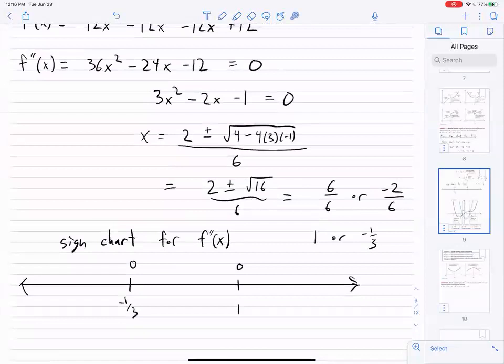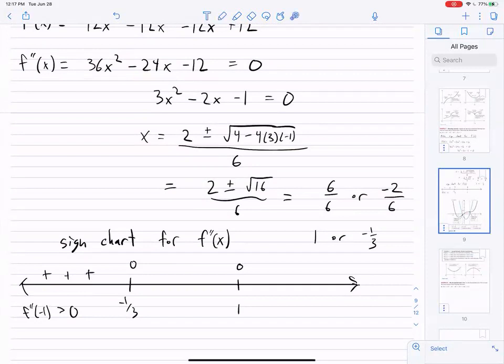If you plug in a number smaller than negative 1/3, for instance negative 1, f double prime of negative 1 will be positive. It'll be bigger than 0, so it's positive here.